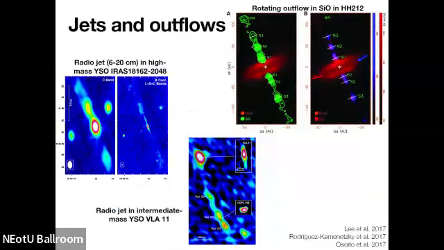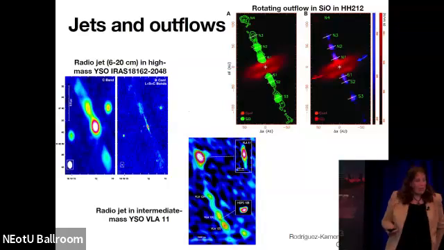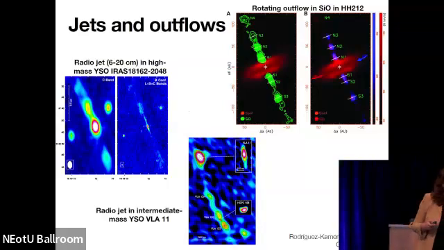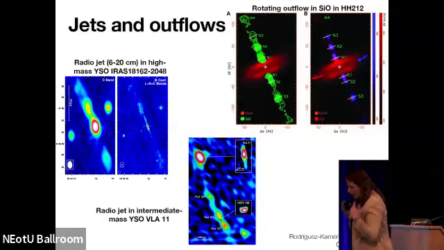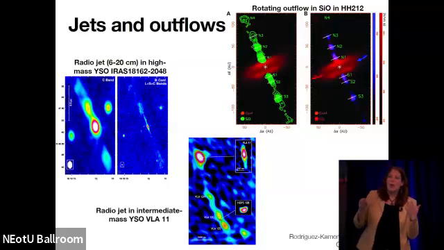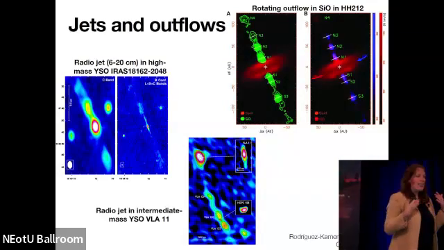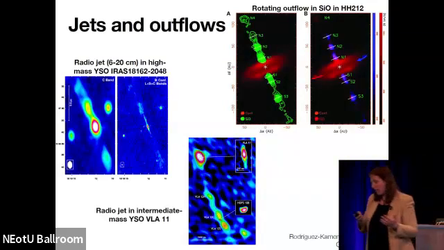Here we go. This one. And also the jets that we see over here. But with ALMA, we are also able to make images of these jets looking at shock tracers like SiO. So we are starting to get the first glimpses of spatially resolved jets in protostars that can tell us a bit about the energetic processes.